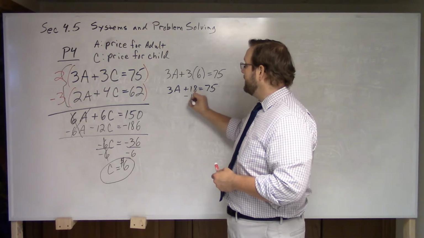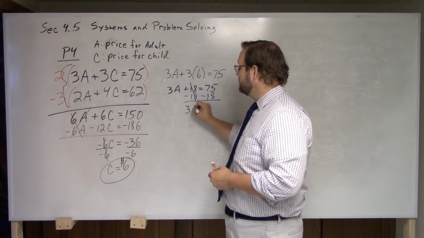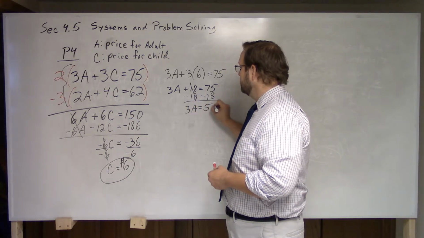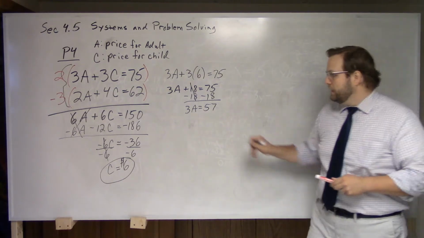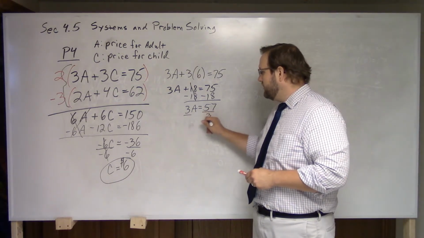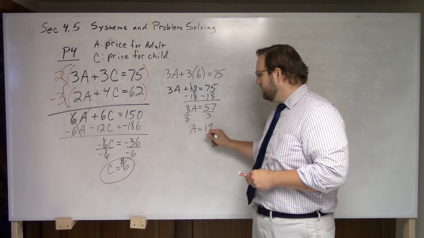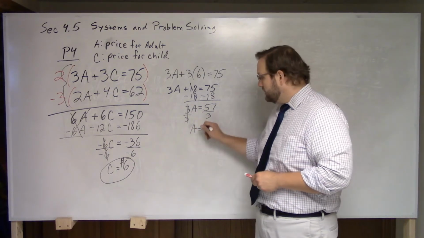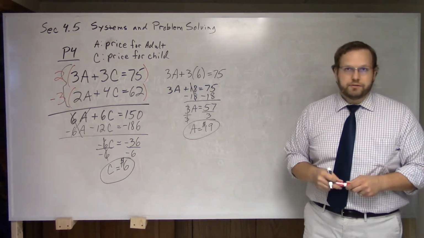I can then subtract 18. So 3A is 57. Okay? And then I divide by 3. And A is 19. So that tells me the adult ticket price is $19.